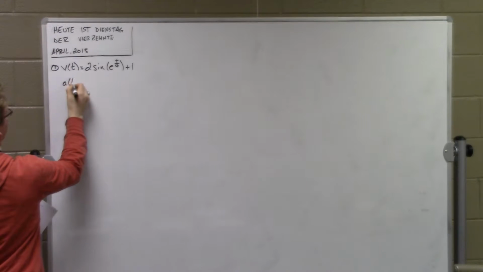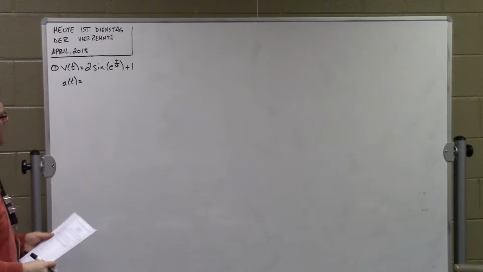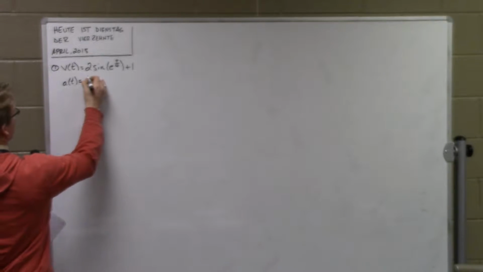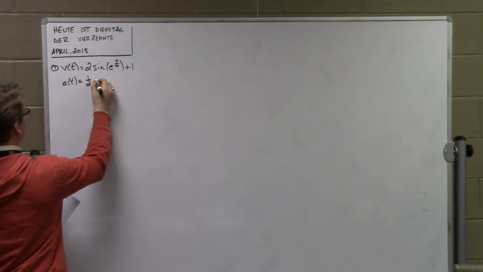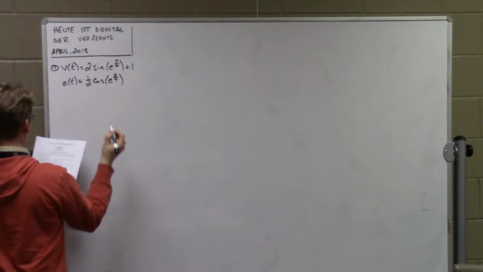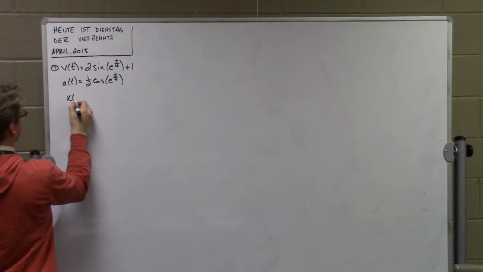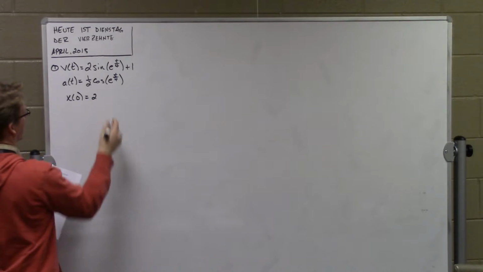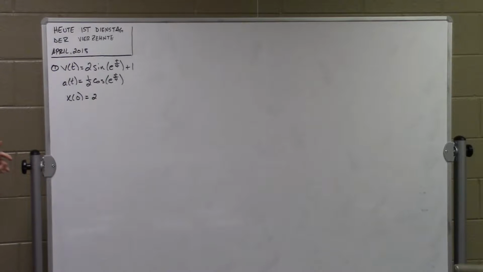They also tell you acceleration. They did not make you take the derivative for this, which would have been a good question if this were non-calculator. Acceleration is 1/2 cosine of e to the t over 4. And last but not least, they give you x of 0 equals 2. So this particle is beginning at position 2 on the x-axis.